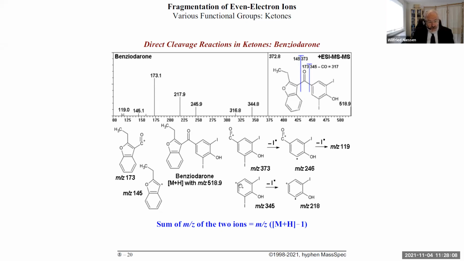From these fragments containing the iodine, we can see losses of I dot and another I dot, or in this particular case, we only see one of the ions, we don't see the other one. That's probably because it is below the range where we acquired the spectrum. And this is something which we see, so we see the I dot losses.